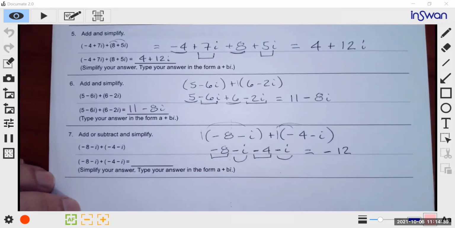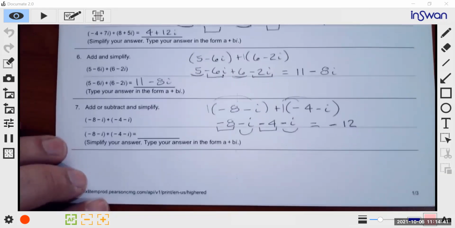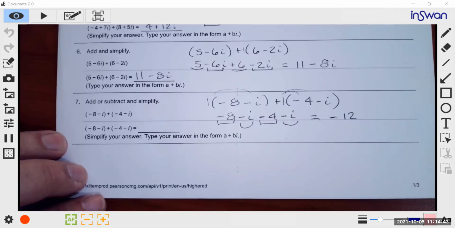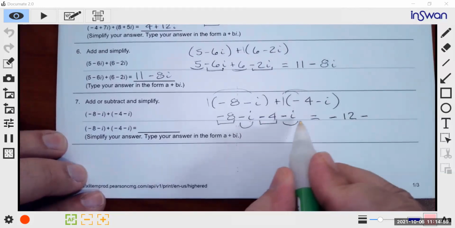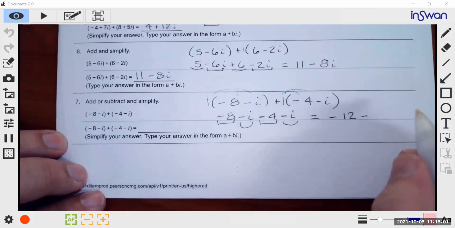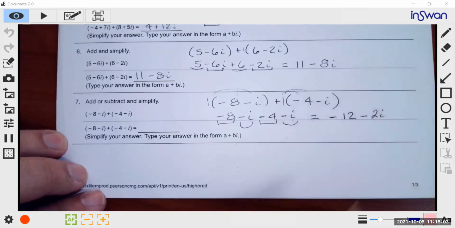Negative i minus i is what? Is it going to be positive or negative? No, I'm glad you said that, but no. They're both negative, so the answer is negative. 1i plus 1i equals 2i.